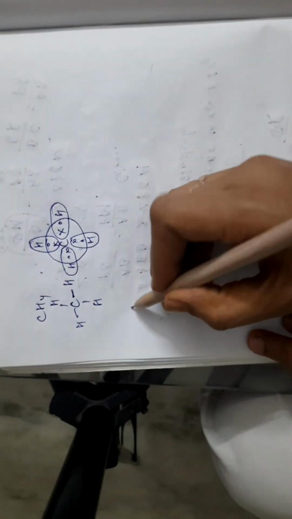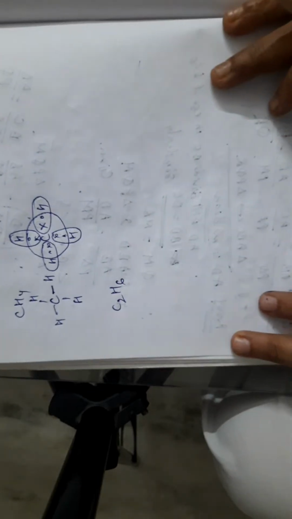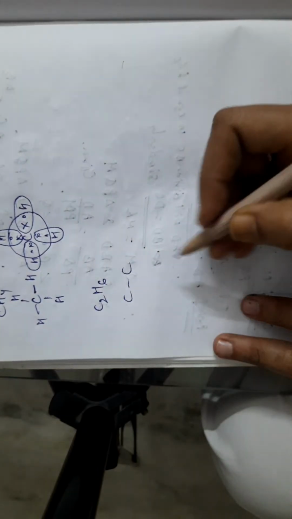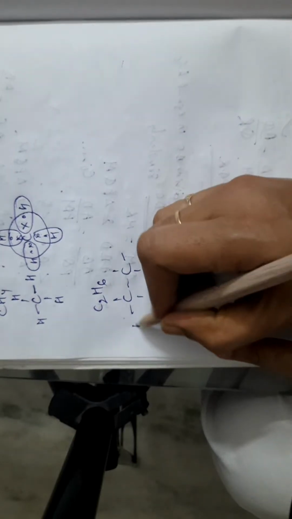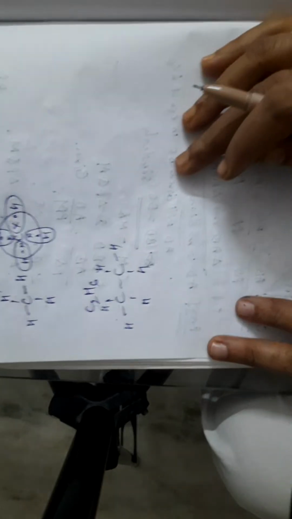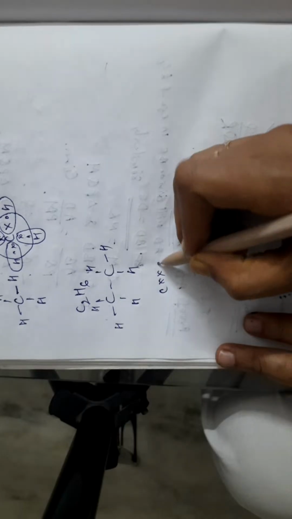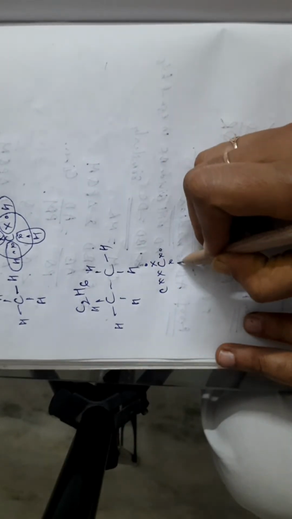Now coming to the structure of ethane. So here 2 carbons are there and 6 hydrogens. After having the general structure, convert it into electron dot. So here carbon carbon 2 cross, between carbon and hydrogen cross and dot.